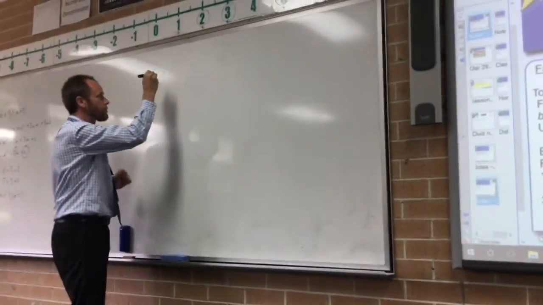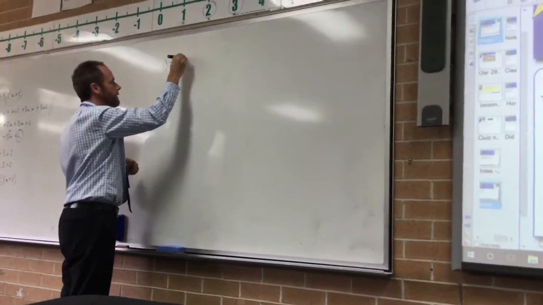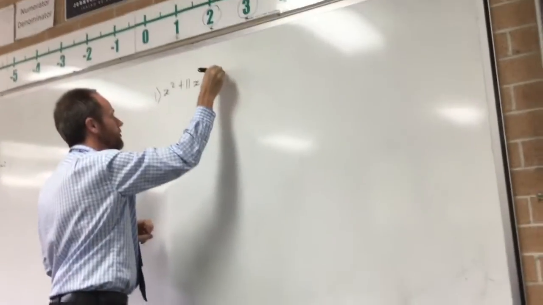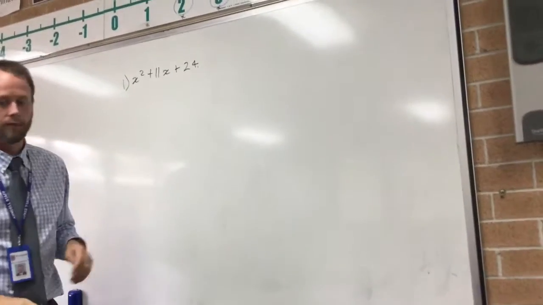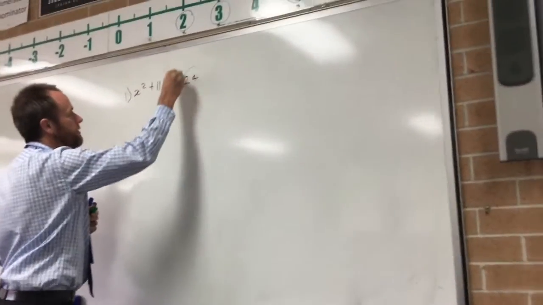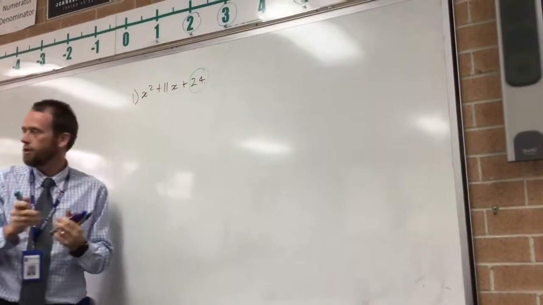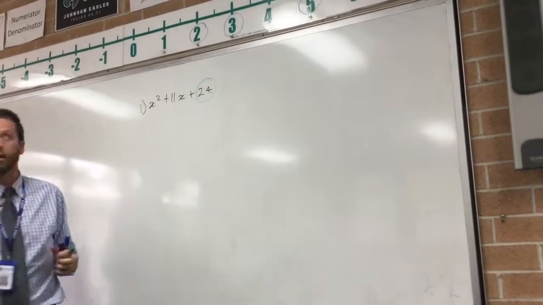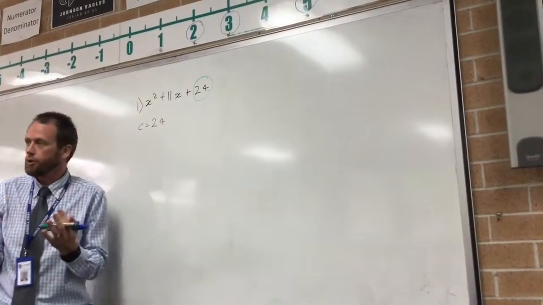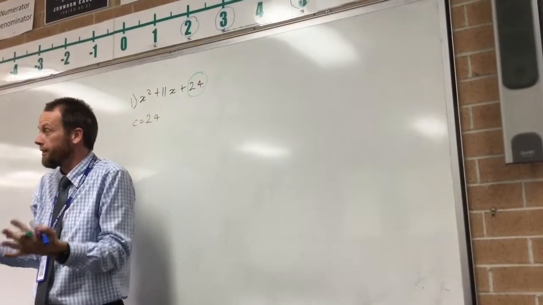Factorize x squared plus 11x plus 24. Now if I was to look at my c, in this case, this is my c. So c is equal to 24. What I need to work out is what numbers multiply together to give 24.